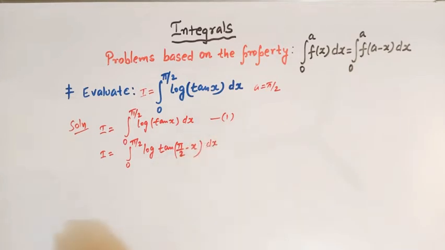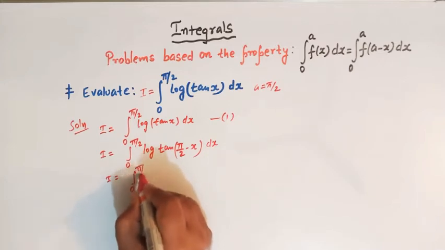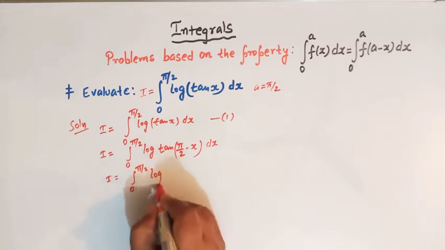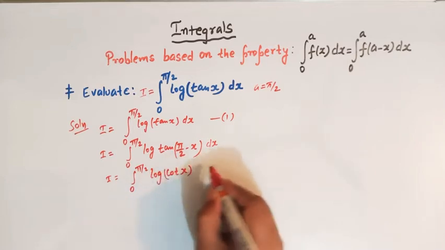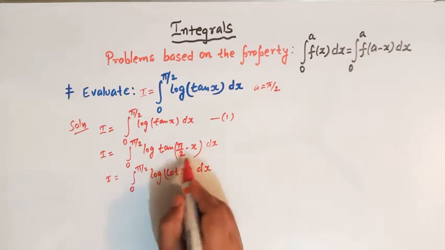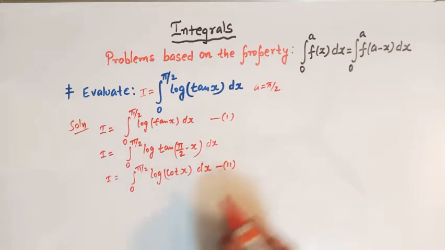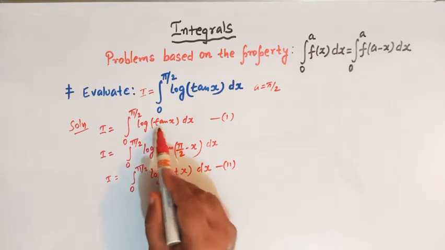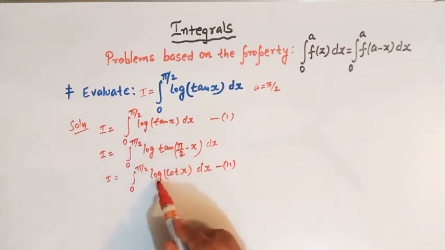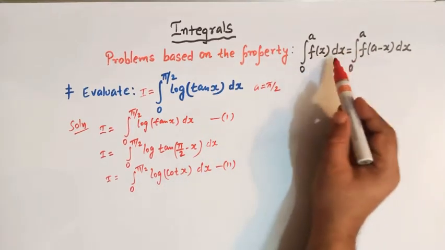So this is dx, and I becomes integral from 0 to pi by 2 of log cot x, because tan of pi by 2 minus x is cot x. Now see, here we had log tan x, and now we have reduced this function to log cot x, by virtue of this property.